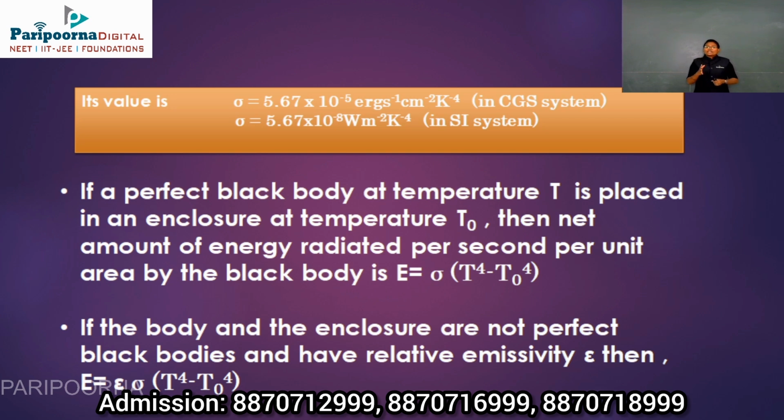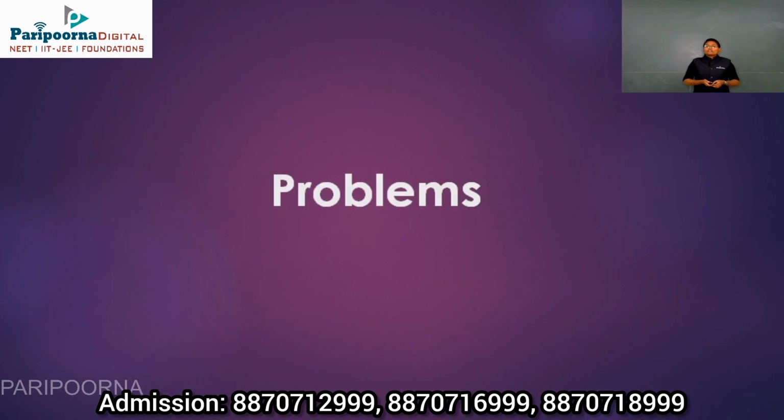Then if the body and the enclosure are not perfect black bodies, then they will have a relative emissivity epsilon. Then the equation will be E is equal to epsilon sigma into T power 4 minus T naught power 4. This is about the Stefan Boltzmann law.